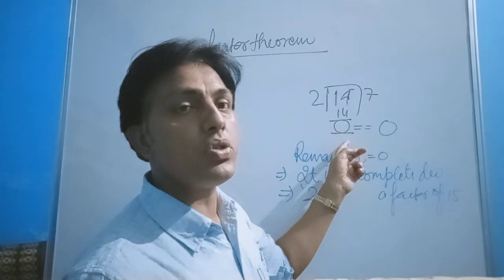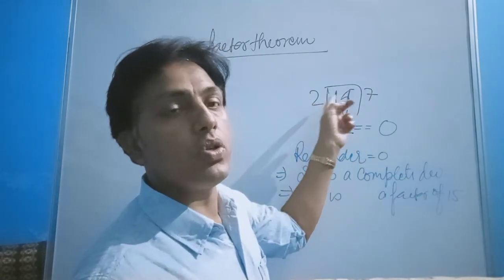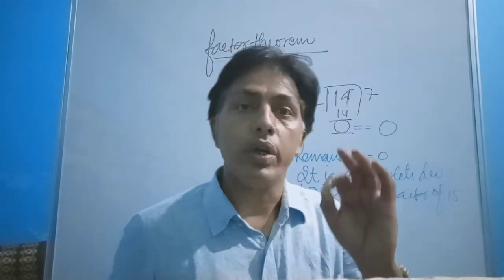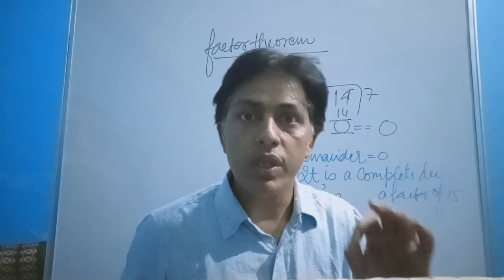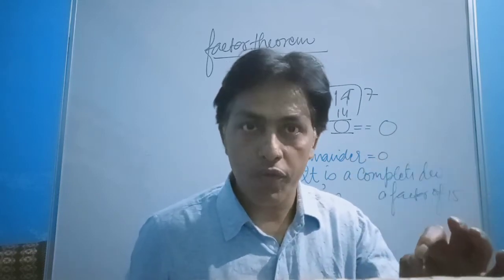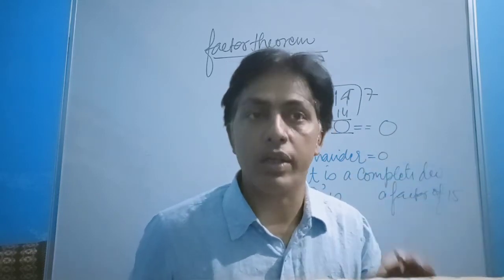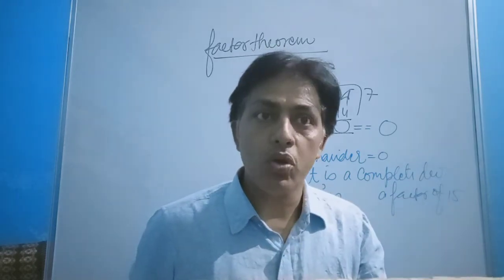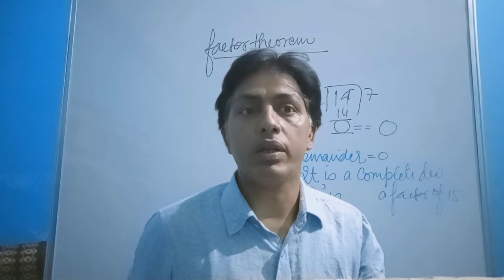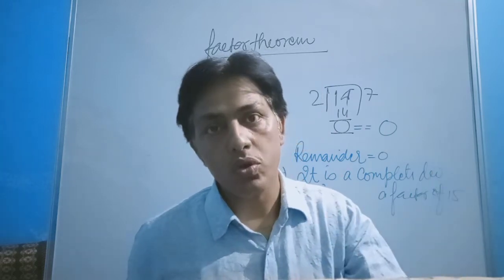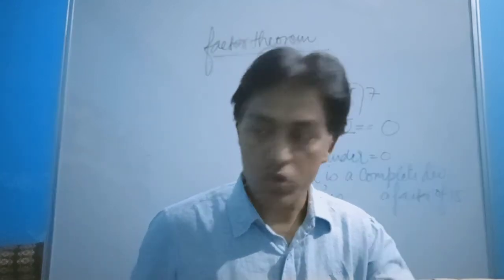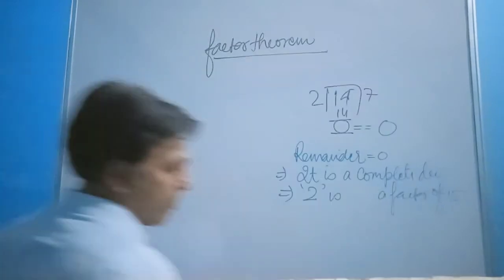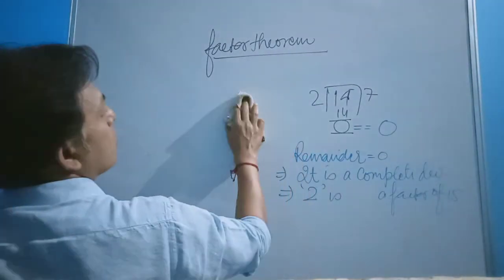If the remainder is not 0, it is not a factor. So remainder will give you the idea of getting the factor. When the remainder becomes 0, you will get a factor. When the remainder is not 0, it is not a factor. So that can be applied for the polynomial also.